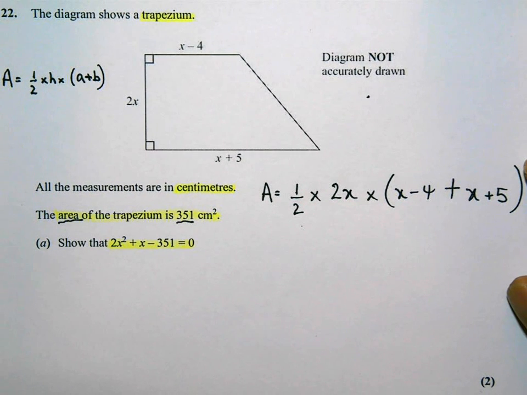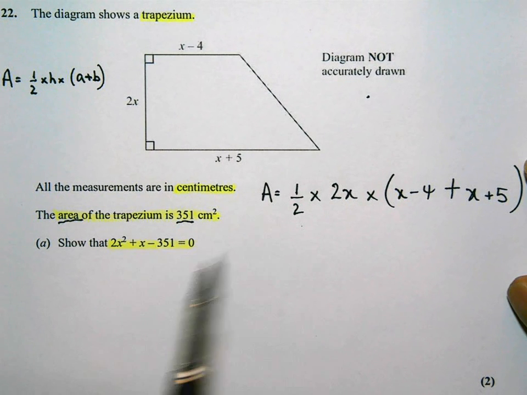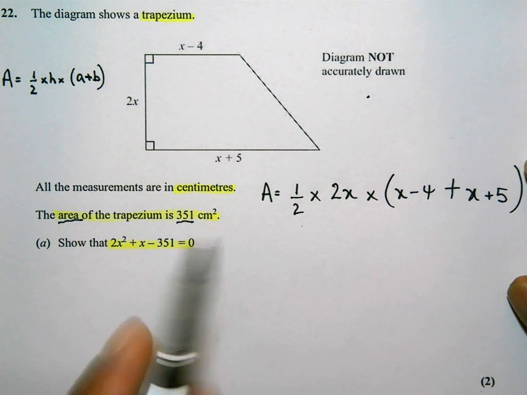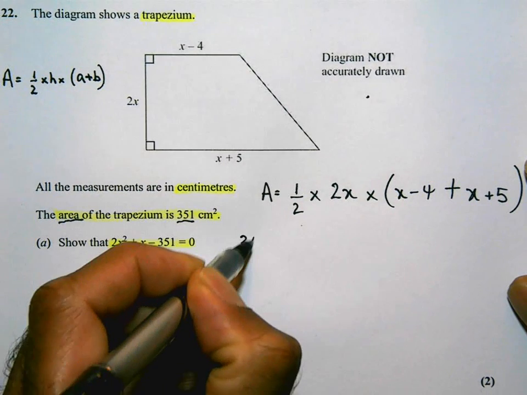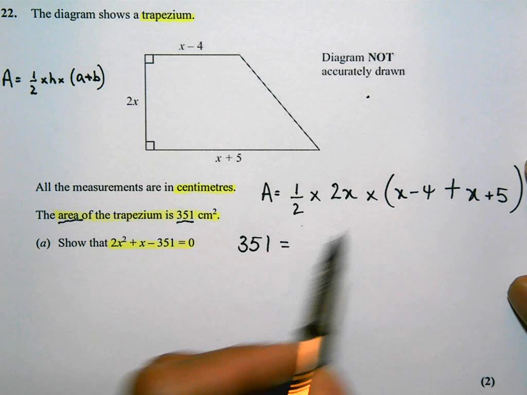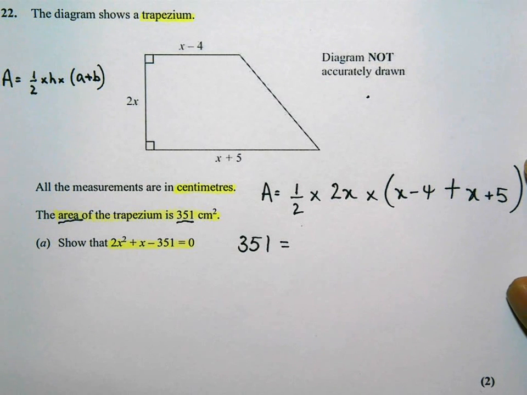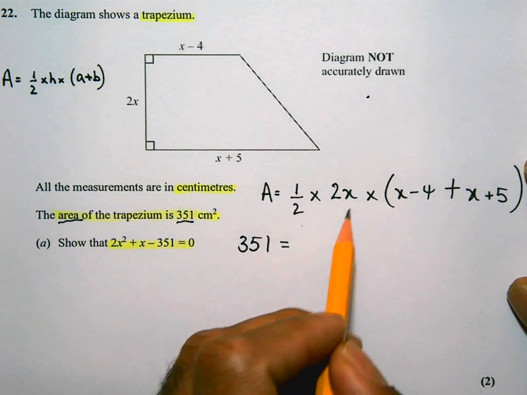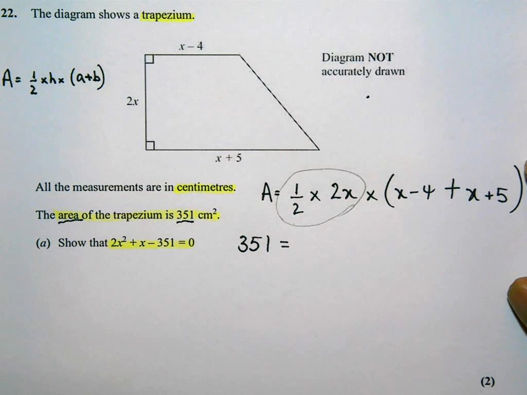But the one thing I know about all of this is that the area is 351 centimeters squared. So I'm going to say 351 is equal to, now a half of 2x, if I just circle this so that you could see what I'm talking about, a half of 2x is just x.